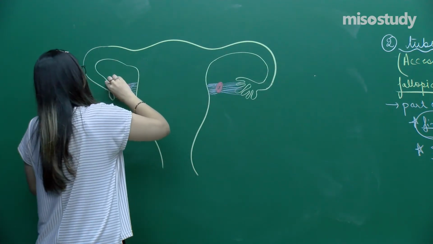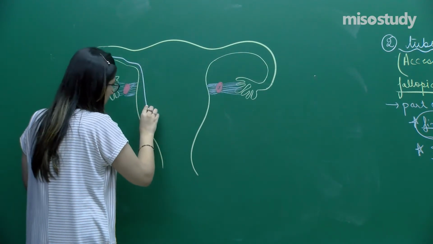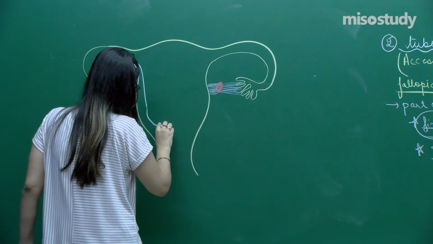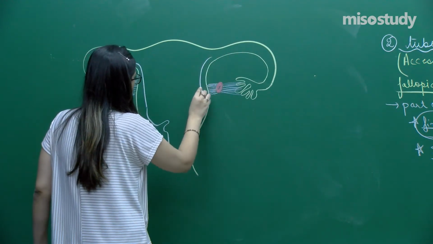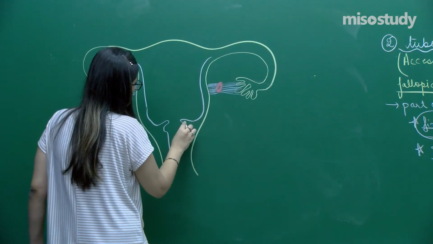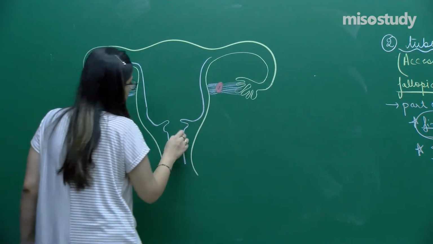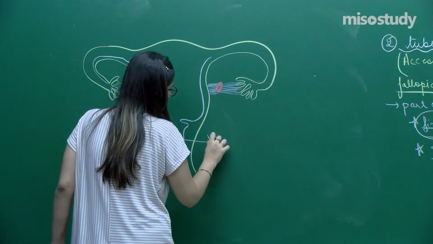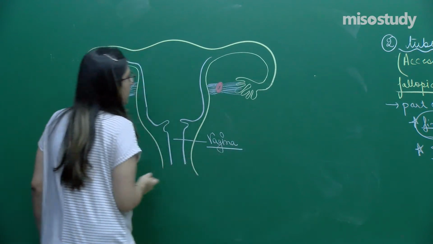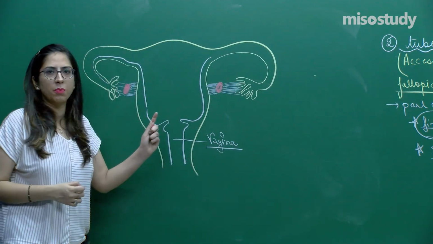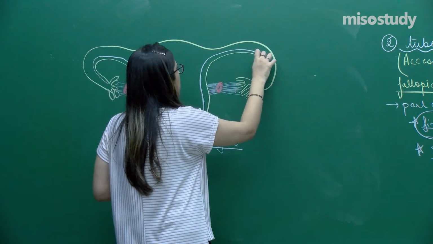And we can see that this is called as a vagina. Vagina, right? This is a pear-shaped structure present. This pear-shaped structure is called as a uterus.